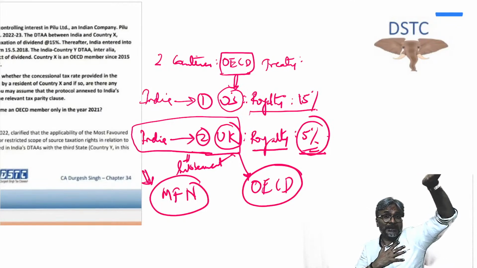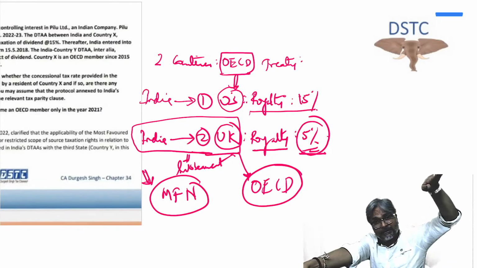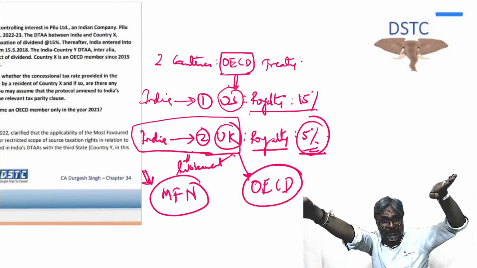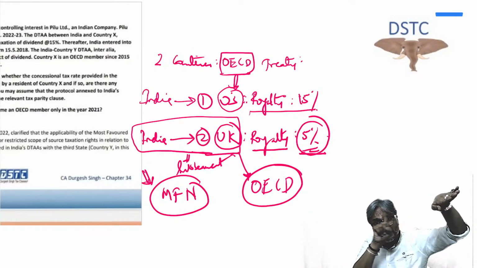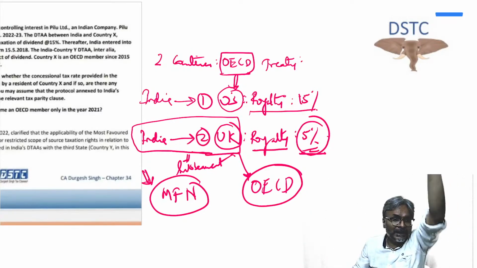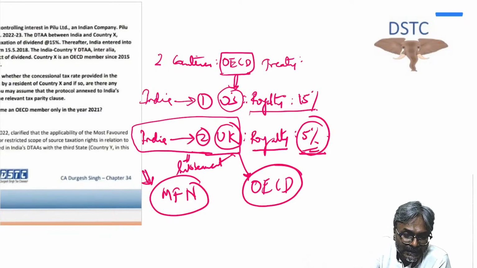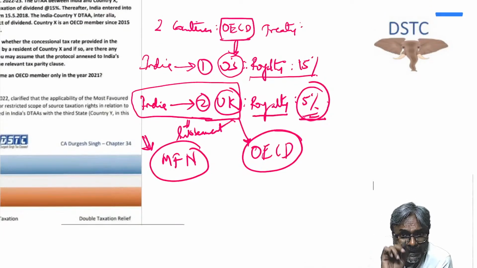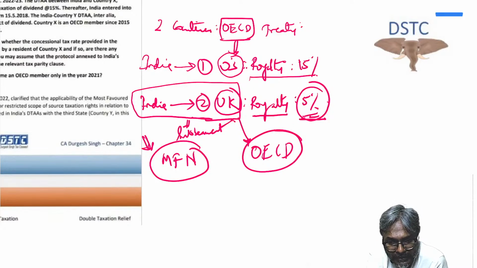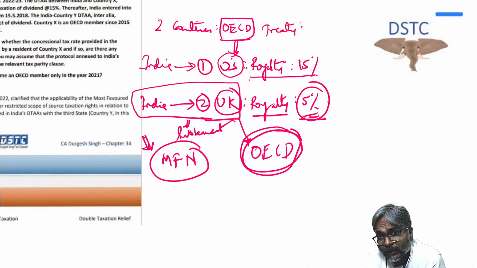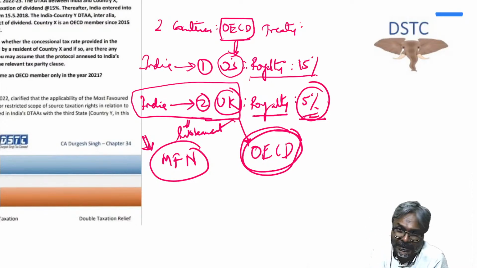So I am a US resident, I want to invoke the favorable treaty of India-UK of 5%. So the India-UK treaty should have come after the India-US treaty. So that's condition number 2. And third and the most important condition is this, that at the time when the India-UK treaty was entered, at that point of time, UK was already an OECD country. The third is the most tricky one.